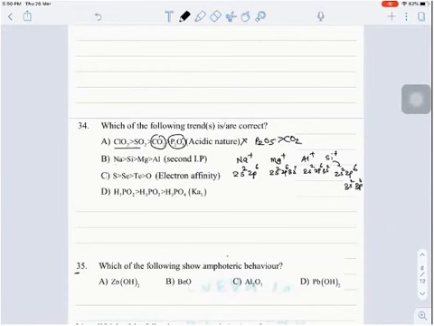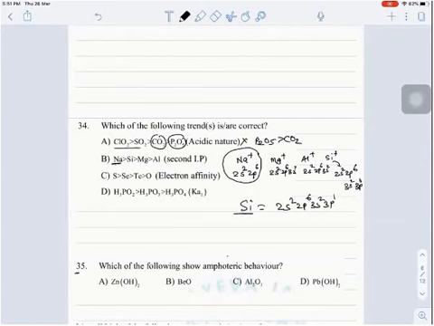Here sodium will have the highest ionization enthalpy. This is correct. Sodium is highest.